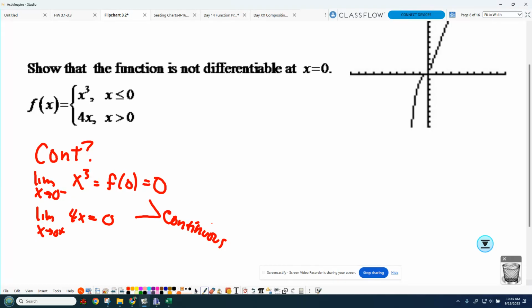Limit from the left equals the limit from the right and equals the function at that point. Yep, it's continuous, so it could have a derivative, but does it?